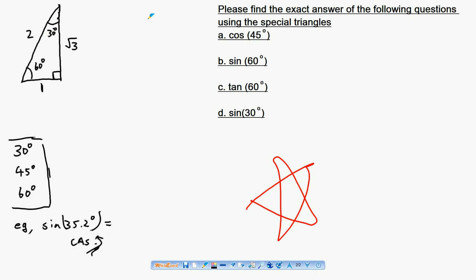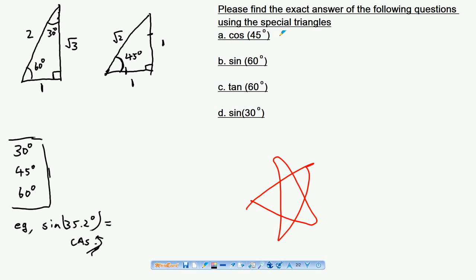In your second special triangle, the two sides are 1 and 1, the hypotenuse is square root of 2, and your angle is 45 degrees. Okay, so let's do question A.